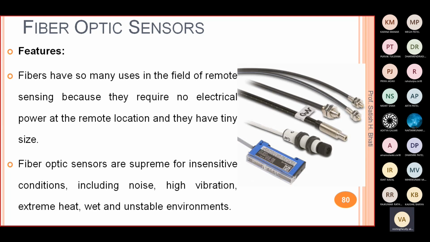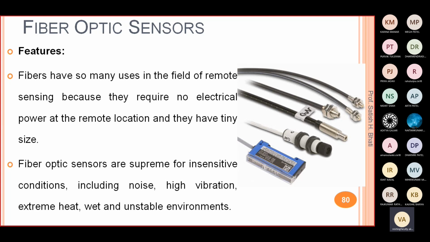Now the main features of this optical fiber sensor: these fibers have so many uses in the field of remote sensing, because they require no electric power at the remote location, and they have a tiny size. So the main two advantages are that they do not need electric power to operate, right?